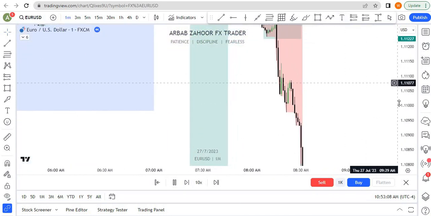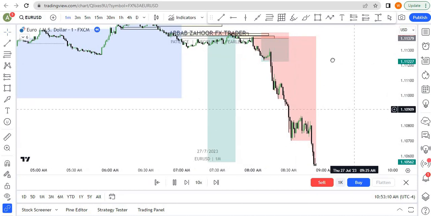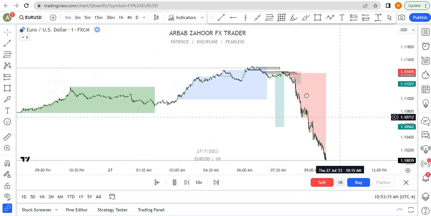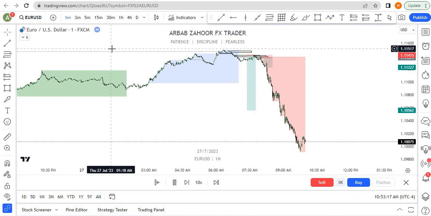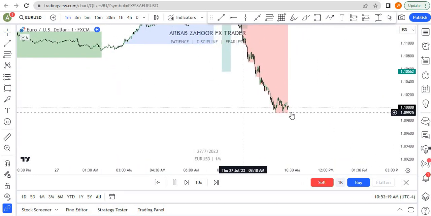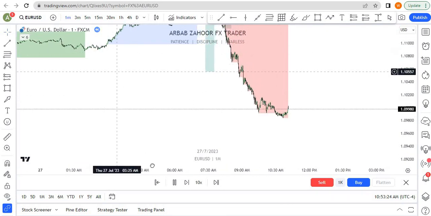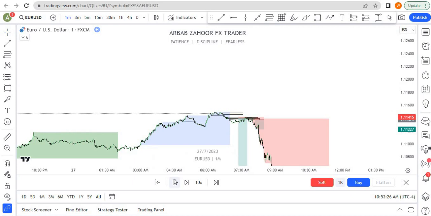Here I saw this candle and I was very happy that price would really shoot down, and I got 130 pips on EURUSD. When I saw the price consolidating, I was out. So this is how I took the trade on EURUSD.